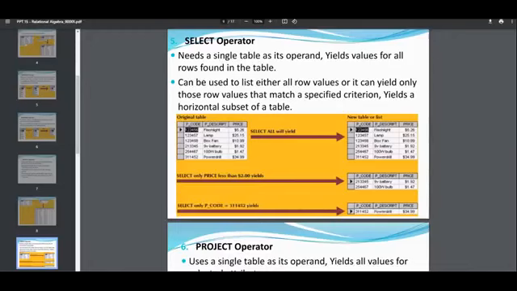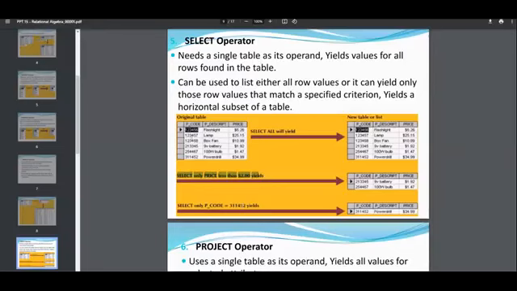Then in SQL we write these kinds of commands by using standard language rules according to SQL, structured query language.